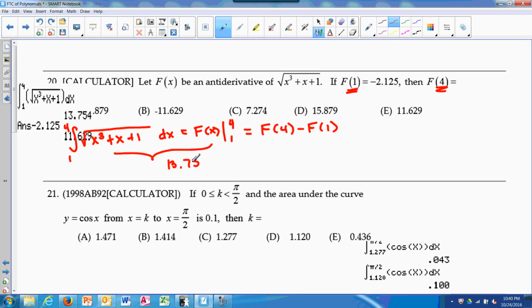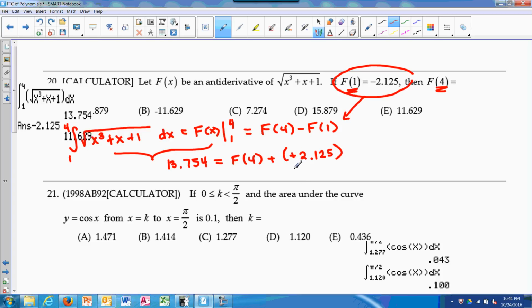But this time, that's not the answer, because that's equal to F of 4 minus F of 1. But I have to substitute in, and F of 1 is minus 2.125. So minus and negative actually means plus.